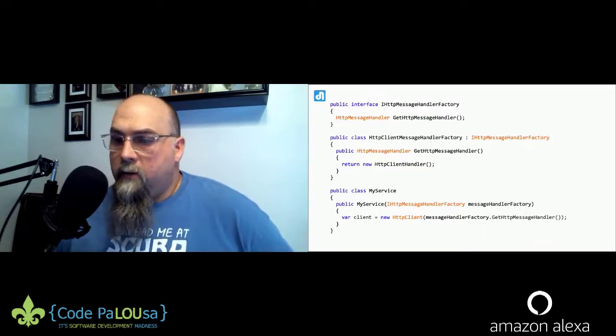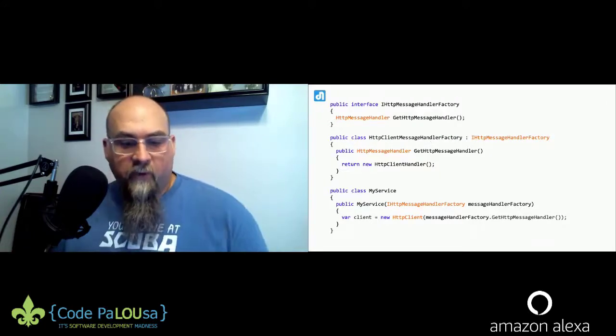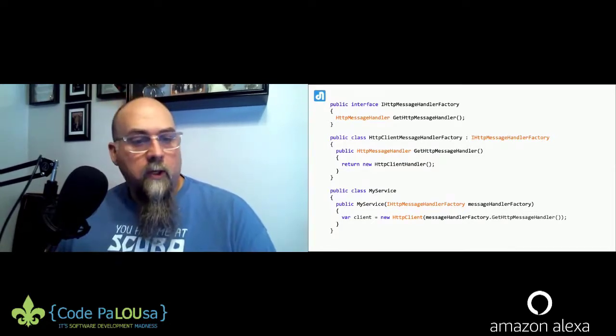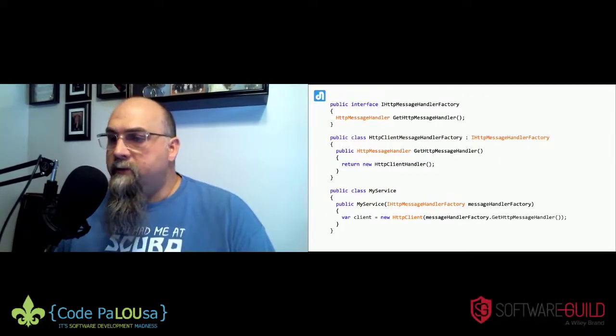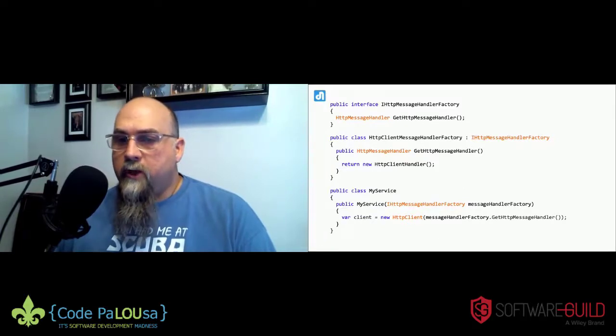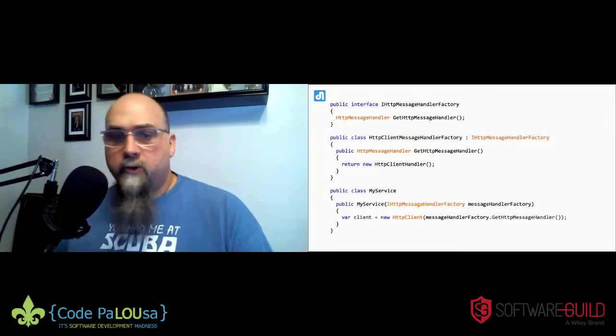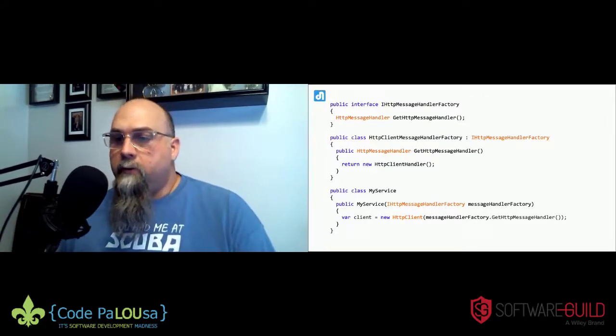Obviously, for unit testing, we would create a mock message handler factory that defines our API in it, maybe has methods to do setups for different kinds of scenarios, or exposes it so that we can set it up inside of our test. We can set it up to have a known set of data, a known set of responses to certain kinds of requests, so that we can test our services, making sure that when they're making their HTTP calls and processing the return results, they're getting what we expect.